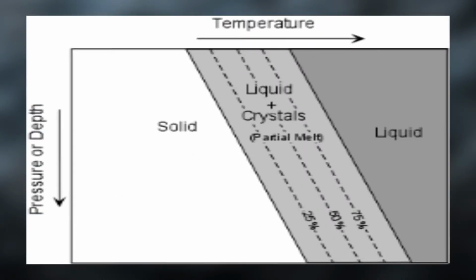Partial melting of this material can occur if there is an increase in temperature. Temperature increase without change of pressure results in melting. When A moves adiabatically, melting also occurs.